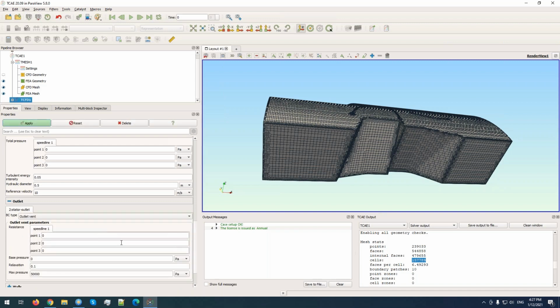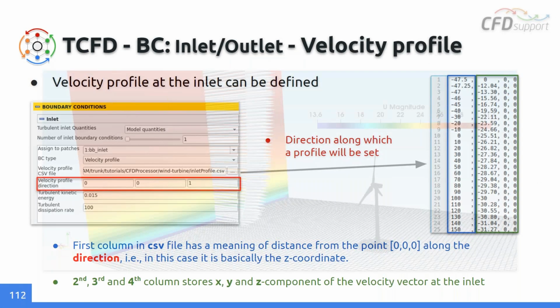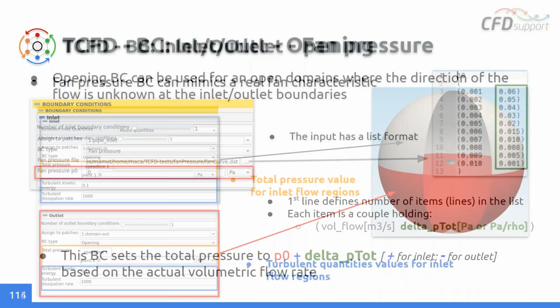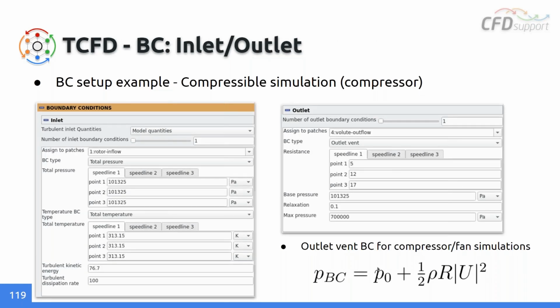And at the outlet, as I already mentioned, we will use the outlet vent, which is a special boundary condition designed for applications such as compressors or blowers. It is a kind of virtual valve which you slowly close at the outlet, so you are increasing the pressure of the blower.